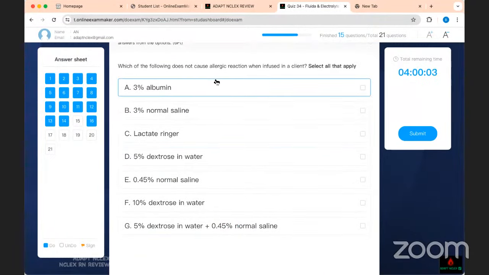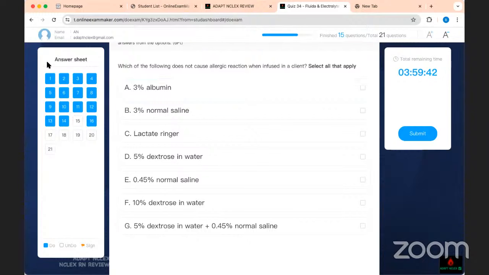Which of the following does not cause allergic reaction when infused in the client? There are two types of fluid.